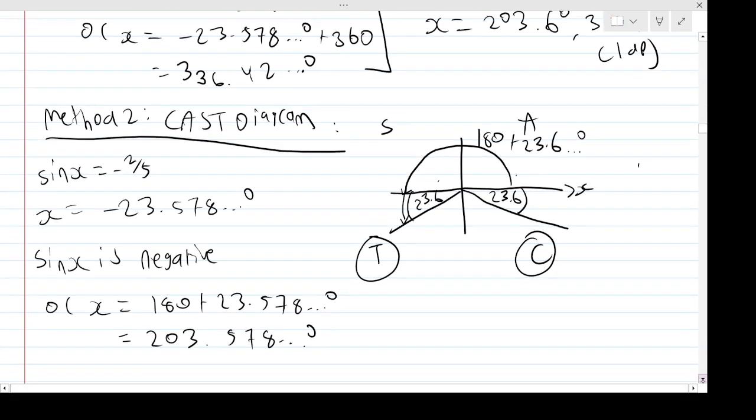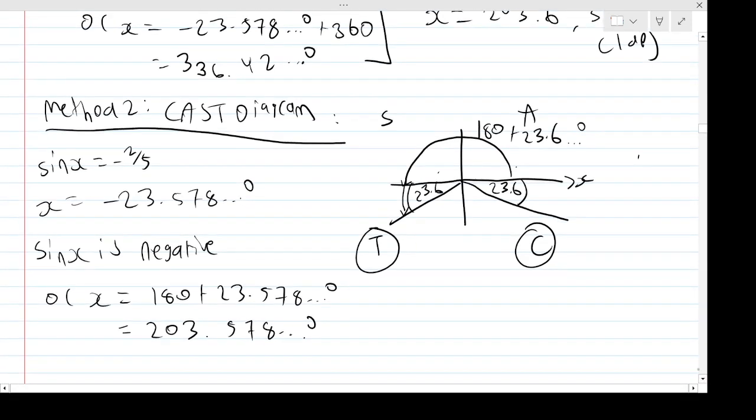So then to get the other solutions, I can add 360 to the two solutions I already have. So minus 23.578 add 360 here. If I add 360 to that to get the next repeating solution, I get the other angle, 336.42 blah blah blah degrees.